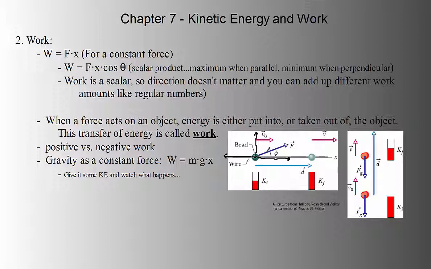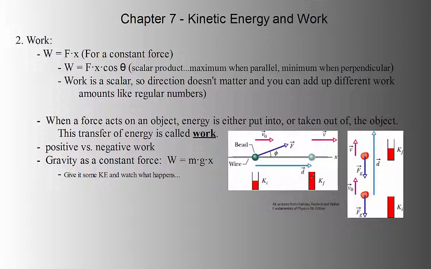So, for example, let me just erase these real quick. As you can see here, this force in general is acting in the same direction as the displacement. What that's going to do, as you can see, so here's the initial position, here's the initial velocity of the bead, here's the final position, here's the final velocity, and you can see that the initial kinetic energy has grown.